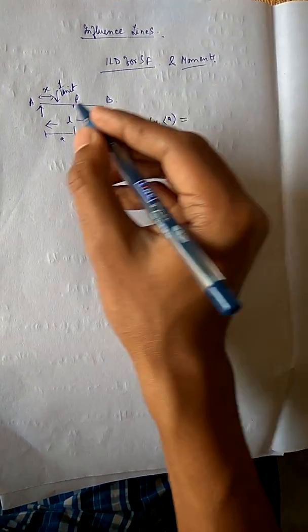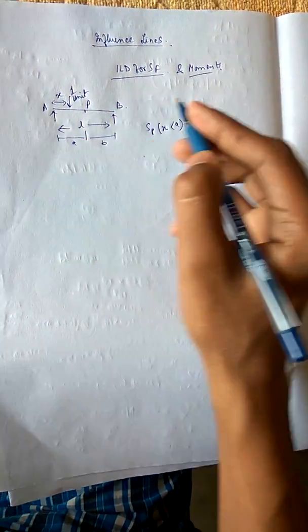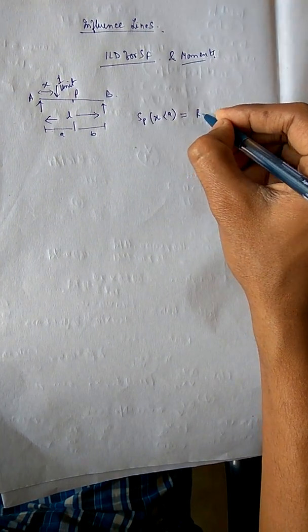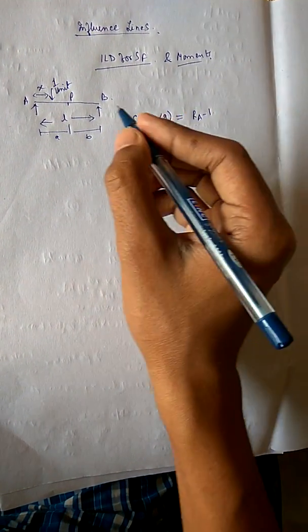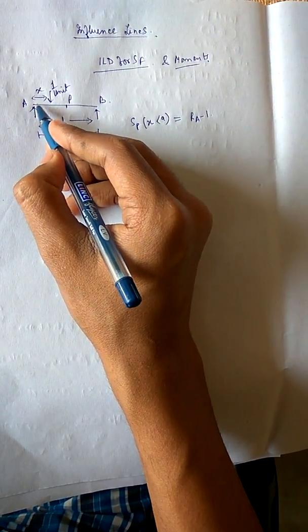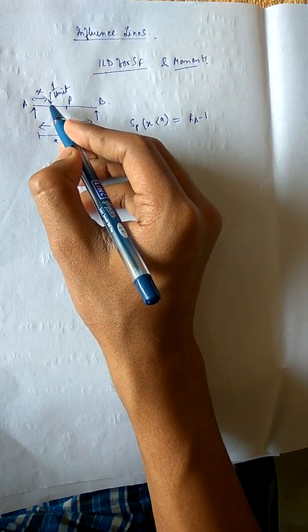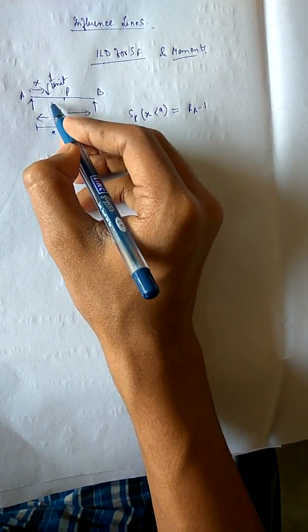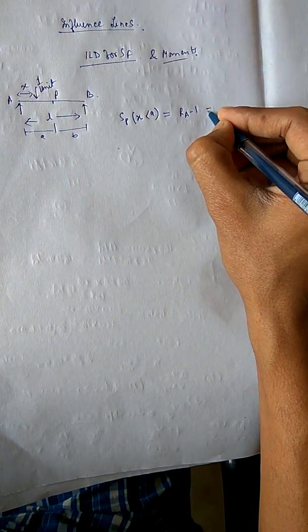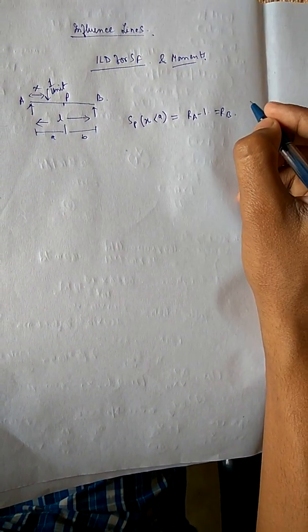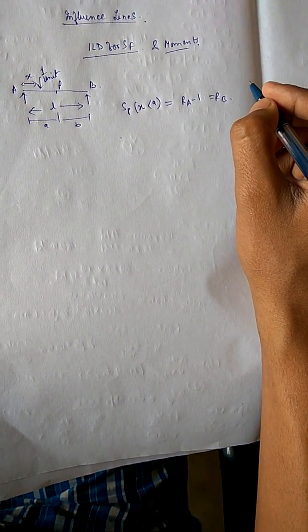It will be RA minus 1. Are you getting? Because RA is in upward direction and 1 is in lower direction, so it will be RA minus 1, and RA minus 1 is equal to RB. Yes or not? Because RA plus RB equal to 1.